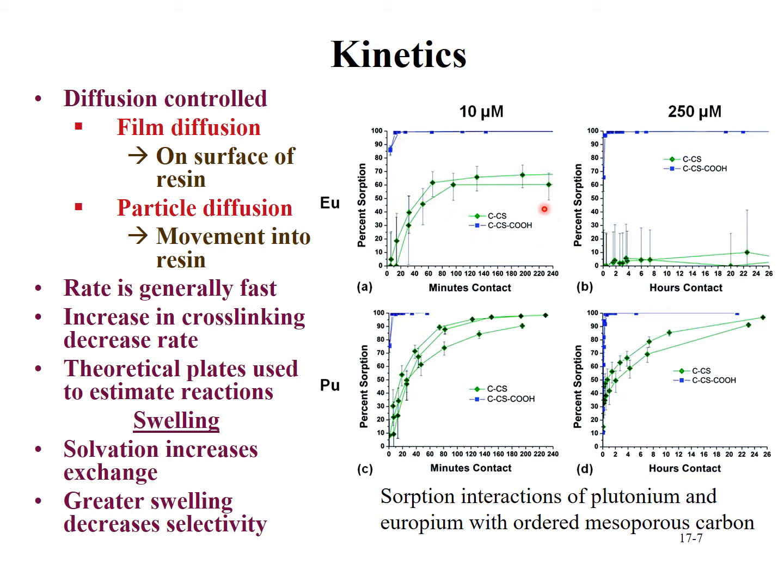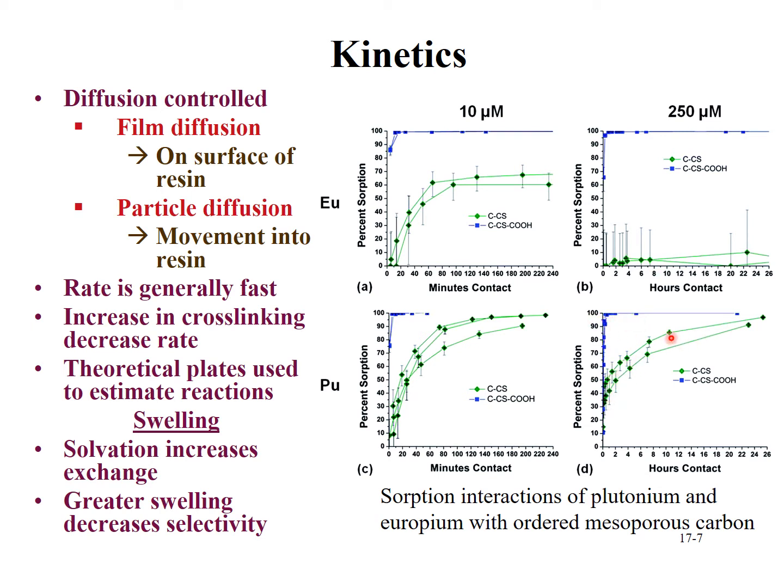Here for 10 micromole, this plateau time is on the order of tens of minutes for the functionalized mesoporous carbon, and for the non-functionalized, it reaches a plateau around 100 minutes for the europium. For the plutonium, it's a little bit faster, tetravalent versus trivalent. For the higher concentration, we can see that the absorption is even faster for the functionalized. Again, we seem to reach a saturation with the non-functionalized, faster with the functionalized.